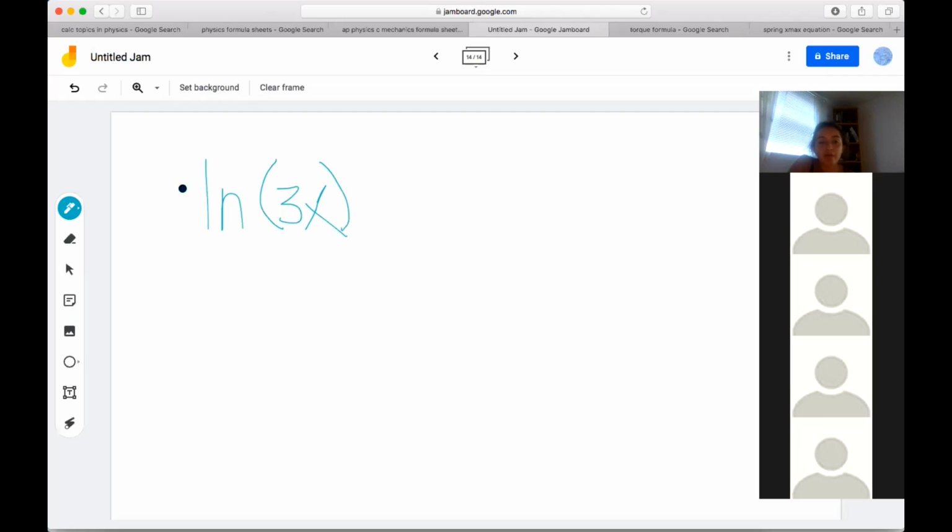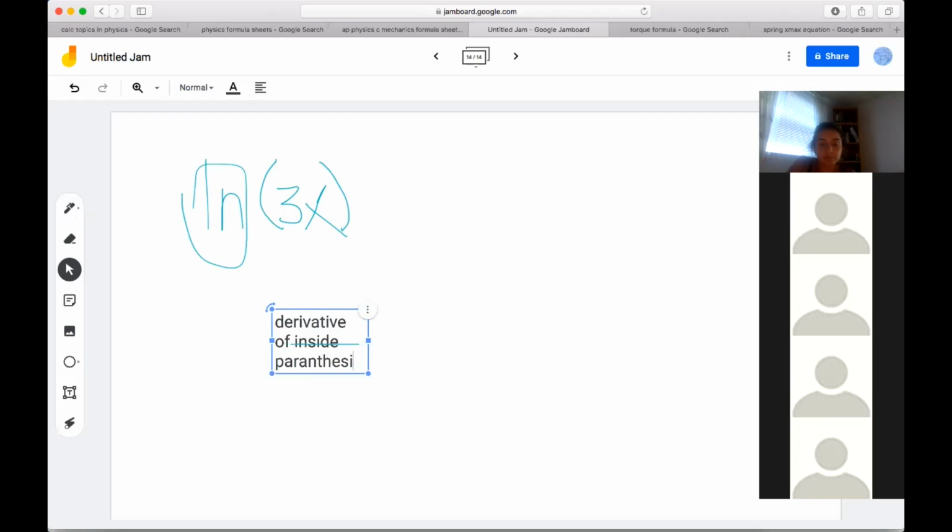There's one rule for when you have ln: on top is the derivative of the inside of the parentheses, and on the bottom is just what's inside the parentheses.